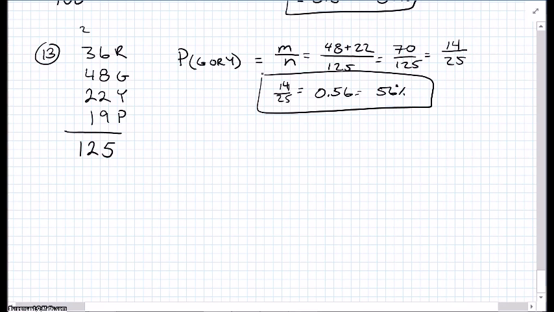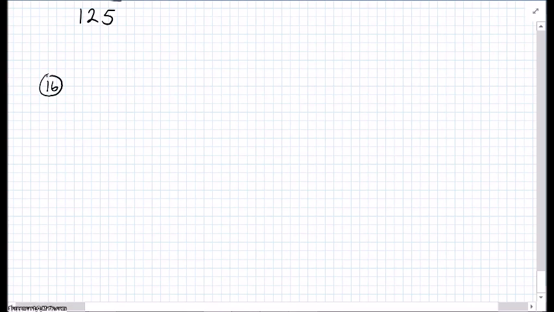All right, next example, number 16. For each situation, find the sample space and the theoretical probability that a child will naturally place their left thumb on top. All right, the father, remember our diagram here.